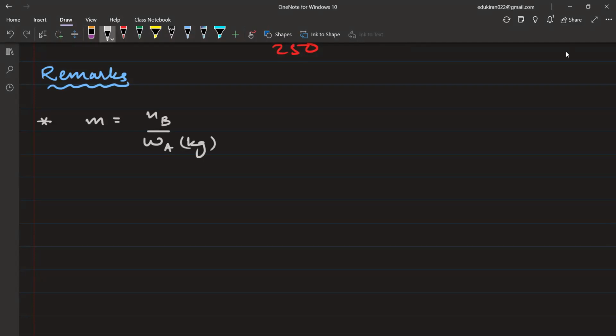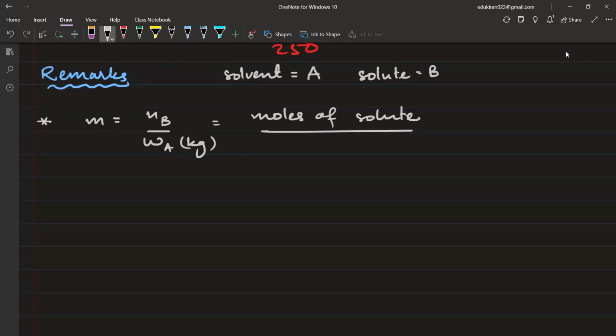Now, when I write solvent, I usually represent it by A, and solute I generally represent by B. So when I write nB, that means moles of solute, divided by the mass of solvent. This should be in kgs. So mass of solvent in kg, this is molality.